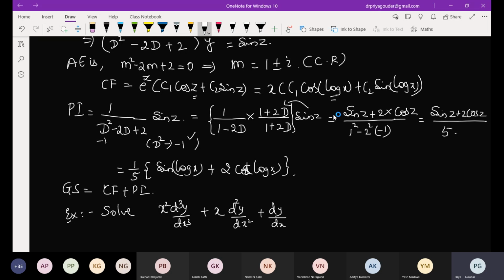Write this question: plus dy by dx is equal to x log x.